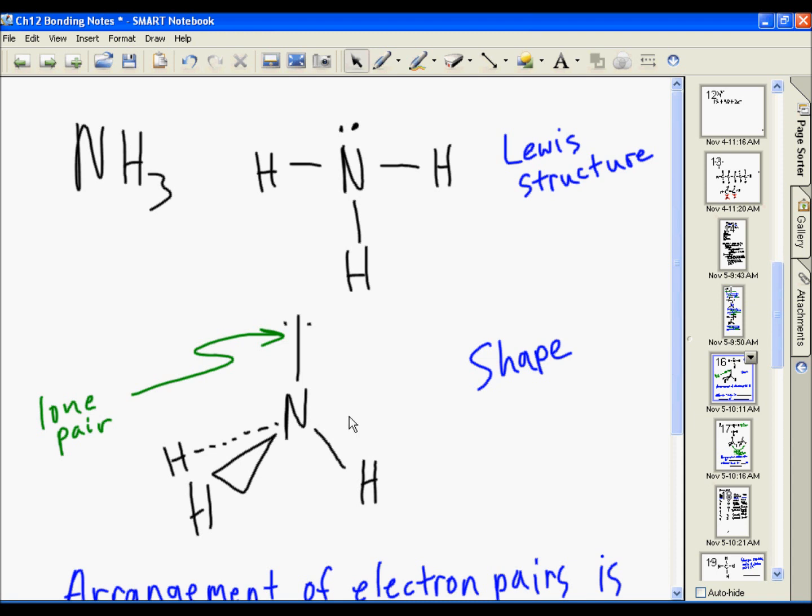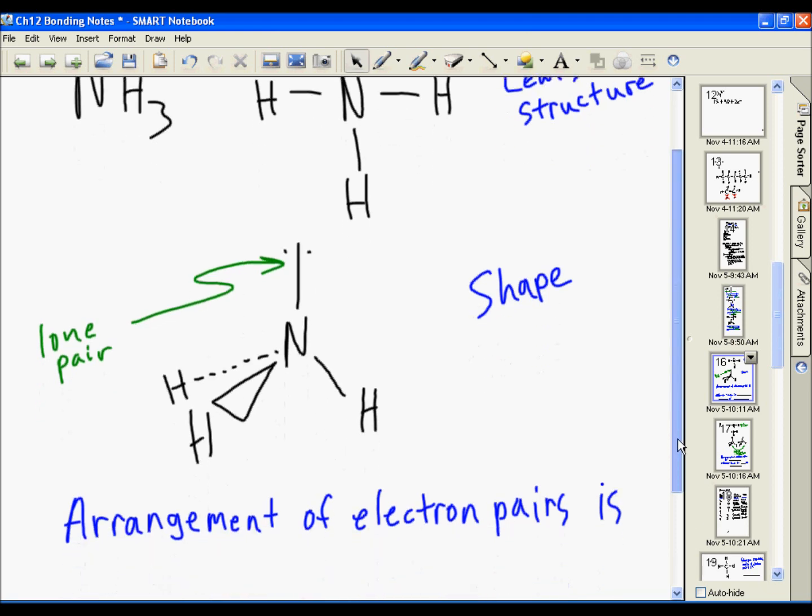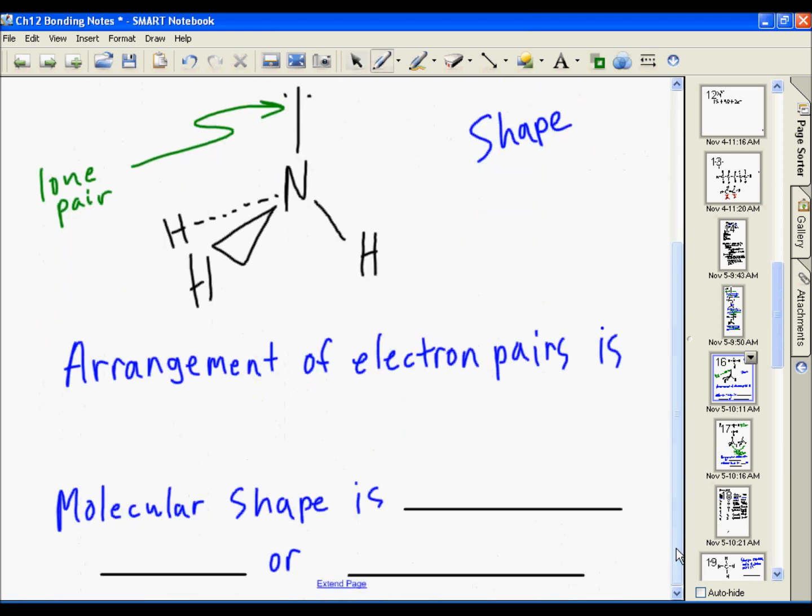So we can draw that like this, where again, drawing a tetrahedral, we have 2 solids, a wedge, and a dashed. Now we have the 3 hydrogens at 3 ends, and then we have a lone pair at the other end. So at one head of the tetrahedral, we have the lone pair, as I've shown here. So the electrons are still in a tetrahedral arrangement because you have 4 pairs of electrons total, and the arrangement which gets them as far apart from each other as they can get is tetrahedral.